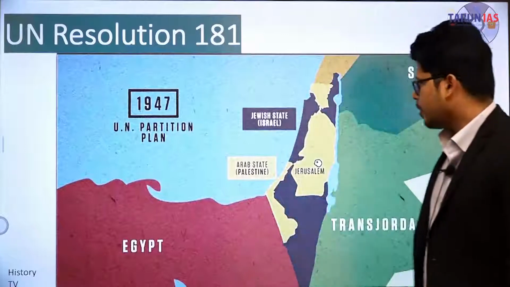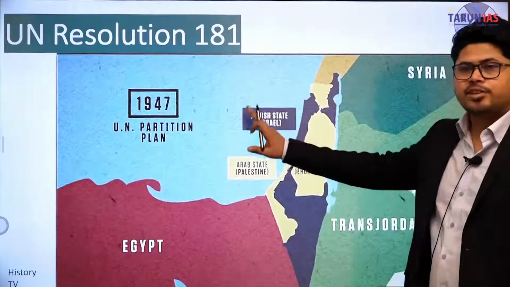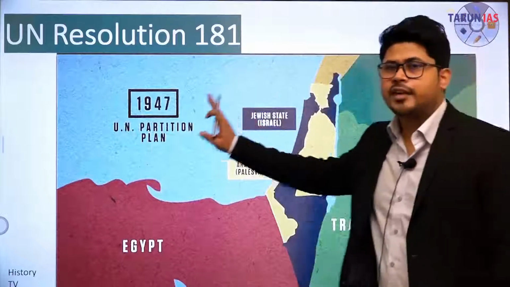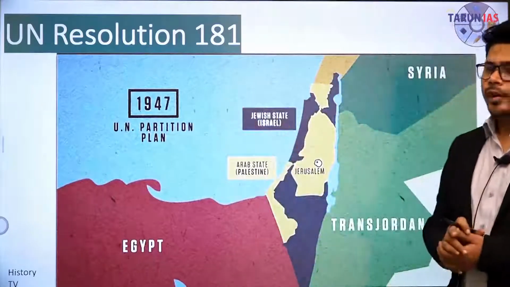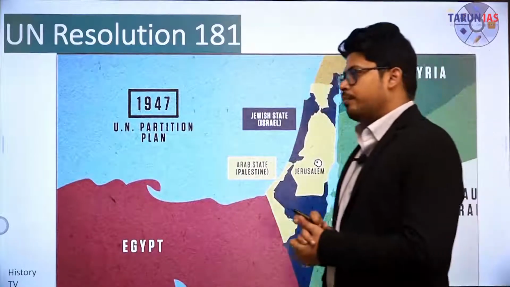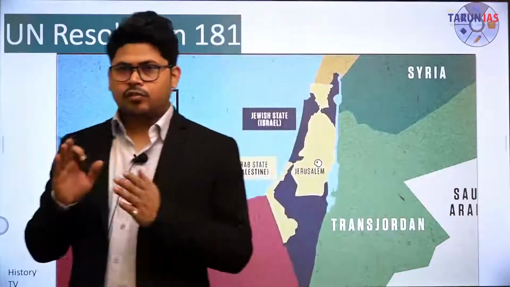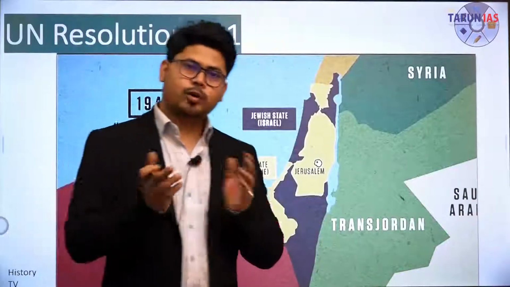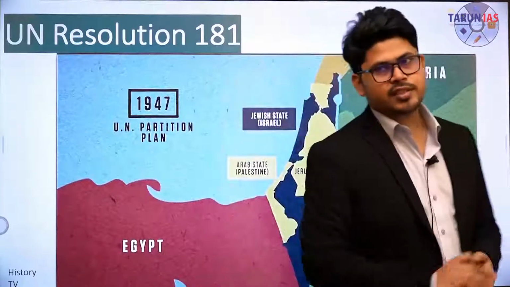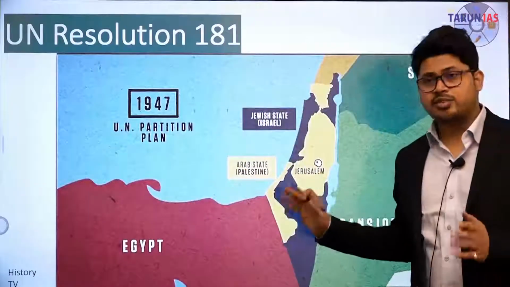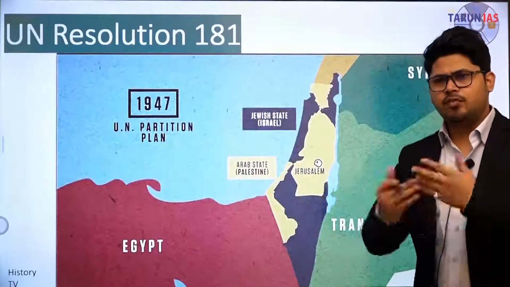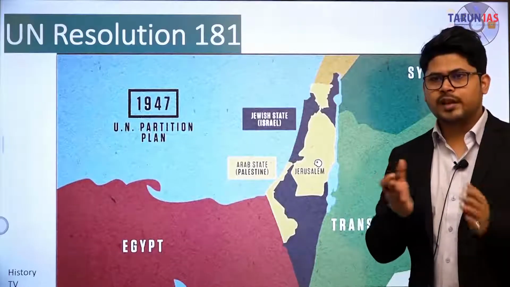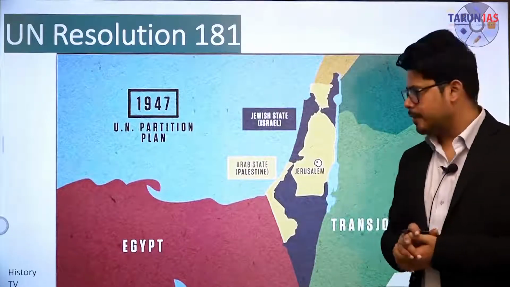Okay, this was the partition plan that was planned by the United Nations after World War II. Okay, इसलिए क्योंकि by the end of World War I and by the end of World War II, the demography of this area had changed substantially, and a constant civil war was going on between Jews, Palestinians, and British forces as well.